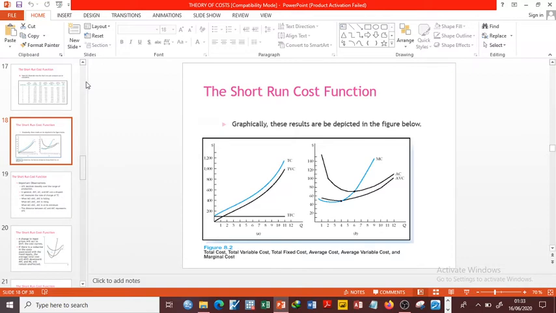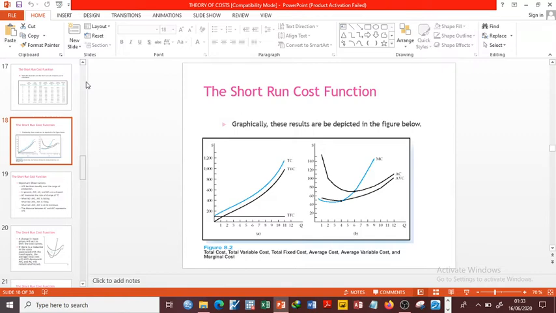When the marginal cost curve is below the average cost curve, the average cost curve will be falling. It will be the downward sloping section of the average cost curve, right?